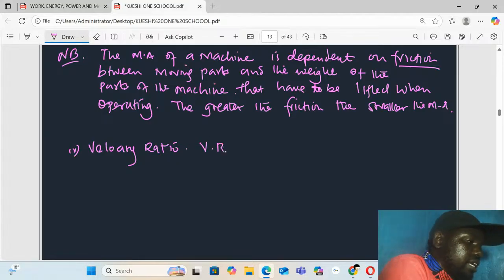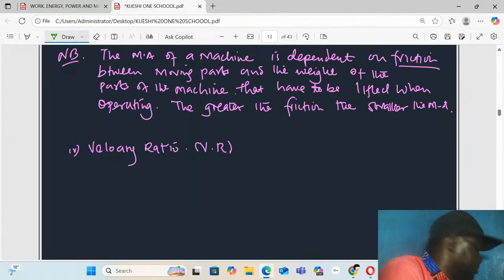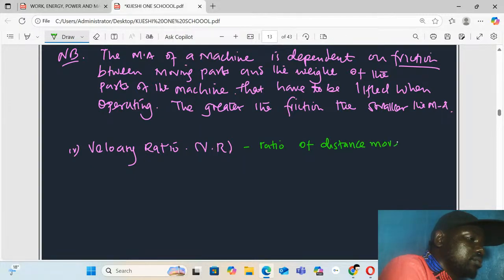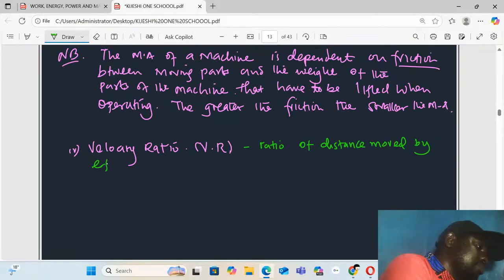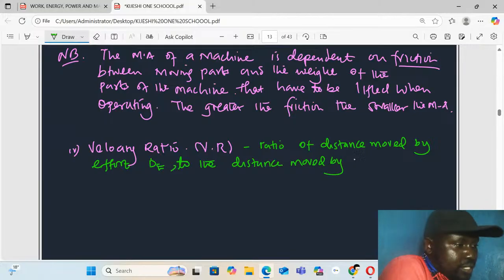This one is denoted as VR and is the ratio of the distance moved by the effort, dE, to the distance moved by the load, dL.